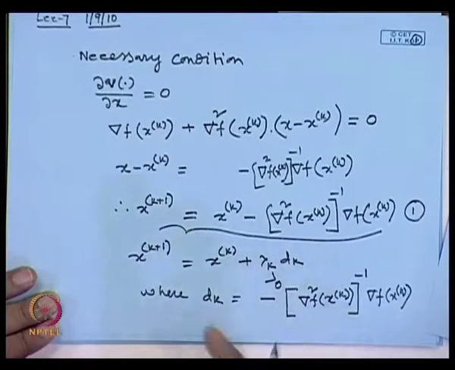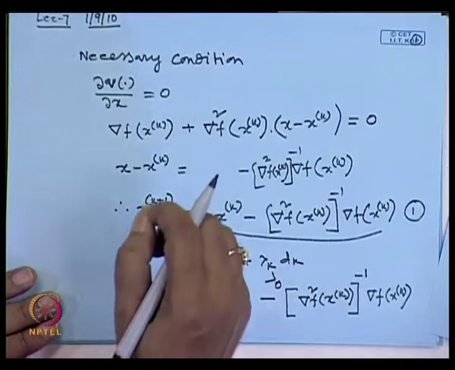How do we prove it? What is the condition that the function value should decrease if you move from one point to another point?